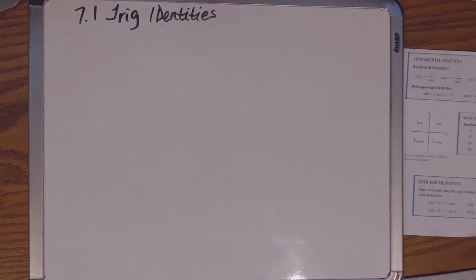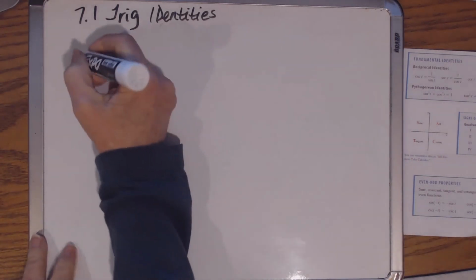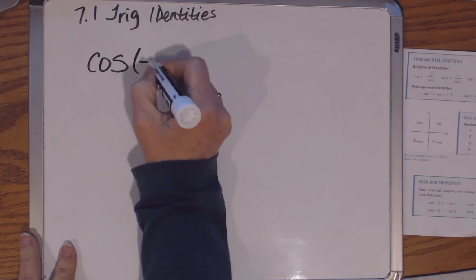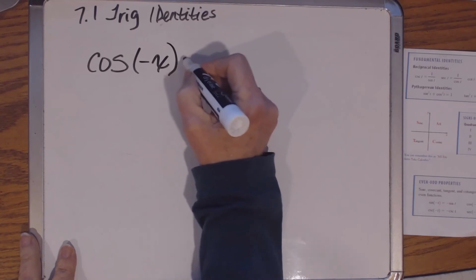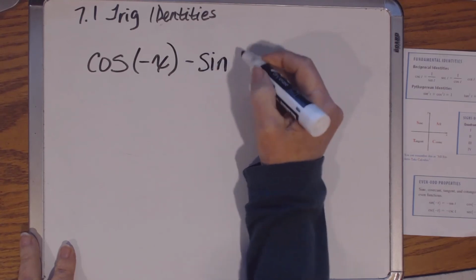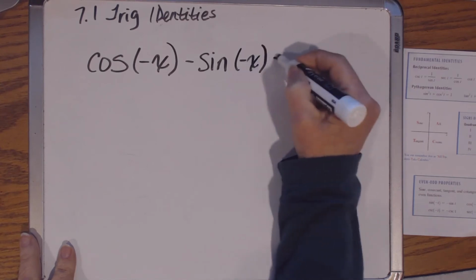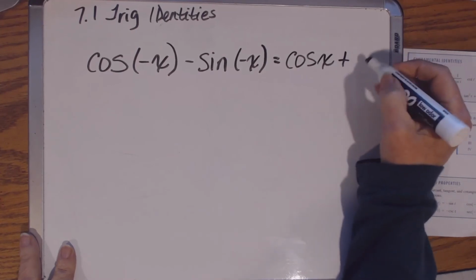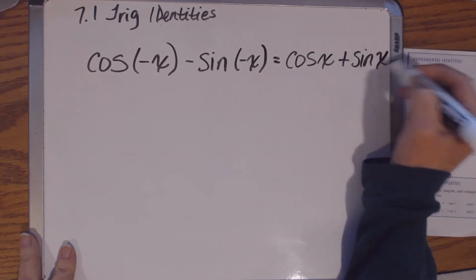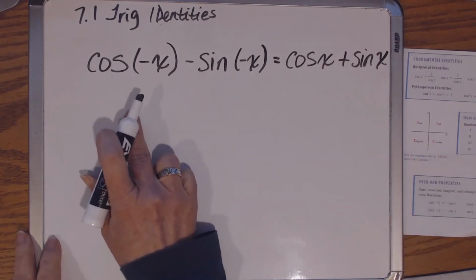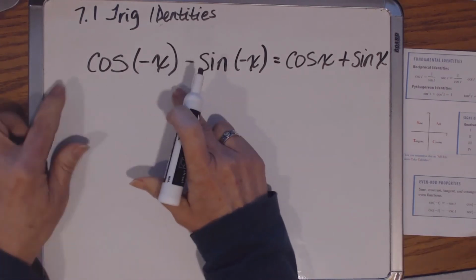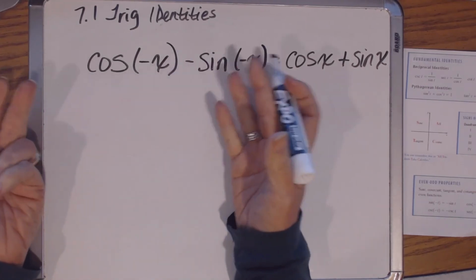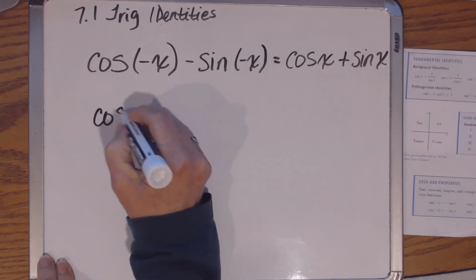Okay, so here's an example. I'm going to take number 34 in the homework, and this one says, hey, I've got the cosine of negative x minus the sine of negative x, and I want to verify that this is equal to the cosine of x plus the sine of x. Sorry that I'm running out of room there. Okay, well, let's think about even and odd functions. Even and odd functions would say that for the cosine of negative x, it doesn't matter if x is negative or positive, I'm going to still get the same value.